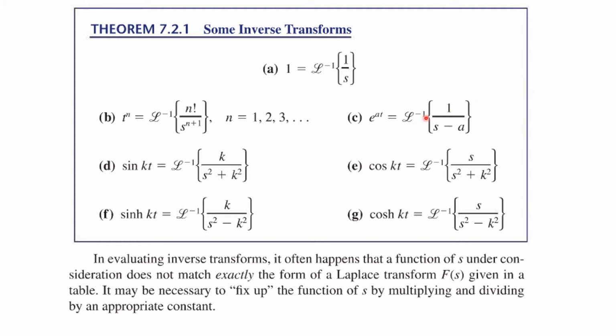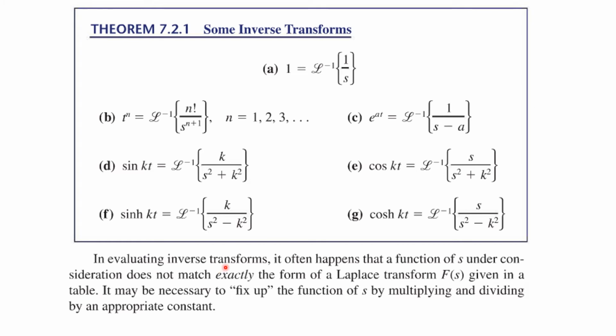We know that the inverse transform of 1 over s minus a is equal to e to the at, because if I take the Laplace transform of e to the at like we did last time, I get 1 over s minus a. We also did this one, I think. The inverse transform of this expression is sine kt because the Laplace transform of sine kt is equal to that expression. I think you get the drift.